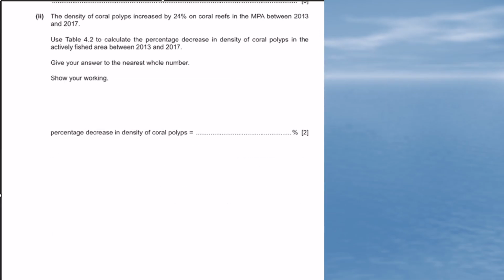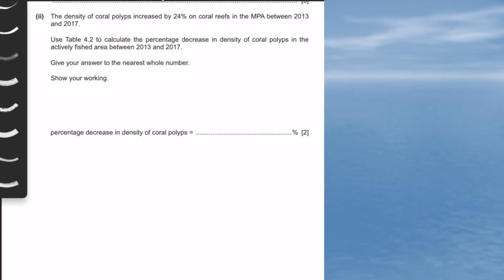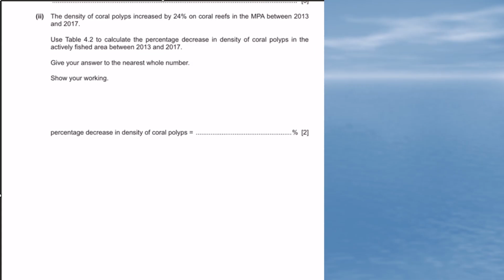So now we finally get to use our numbers, and that's great. We're told here that we have to use table 4.2 to calculate the percentage decrease in density of coral polyps in the actively fished area. Okay, so we know here that we start with 144, that's our start number, and then we subtract 102, that should give us a difference.